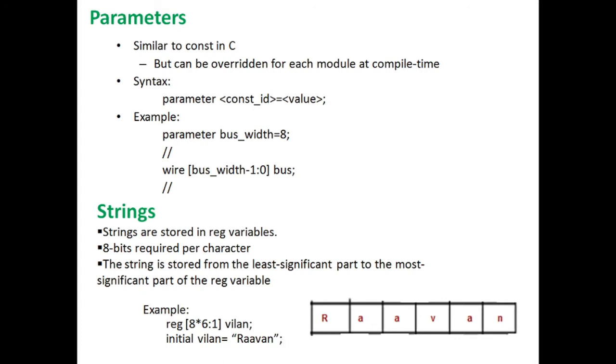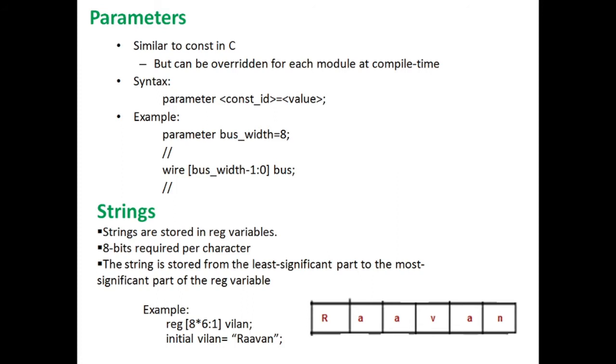One more thing you should be cautious about is the width of this register variable, here villain. It should be large enough to hold the incoming input string. If it is not large enough, some of the characters the register variable may not be able to store. Each character in the string generally takes 1 byte or 8 bits.